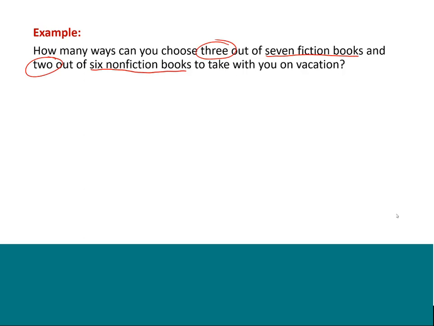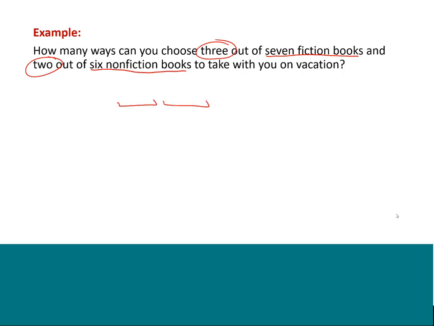Now, any guesses how we would go about answering this? In other words, how would we figure out how many different ways we can grab those 3 fiction and 2 nonfiction books? Anybody got a guess? Well, I'll give us a little bit of a boost here, a first step. You can do it the same way that we've been doing stuff in the past.